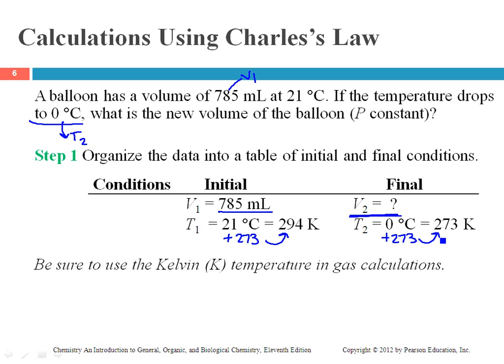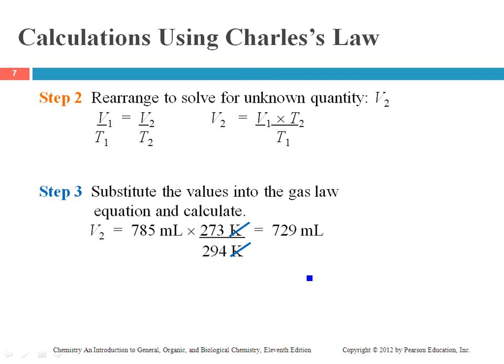Be sure to use the Kelvin temperature. Now we're just going to plug in and solve for V2. If we rearrange our equation, after you cross multiply, you get V2 is equal to V1 times T2 over T1.